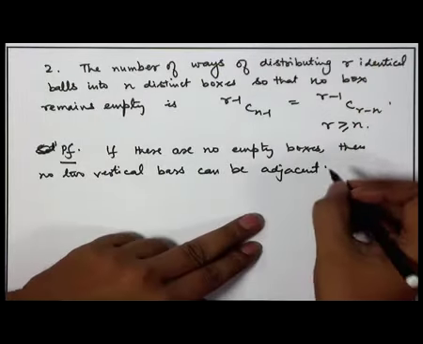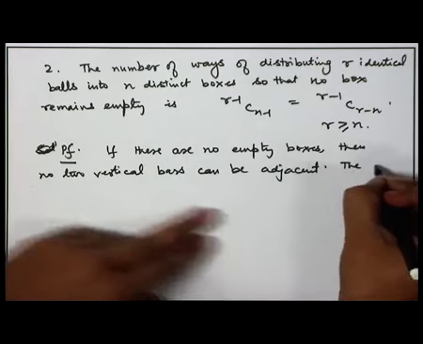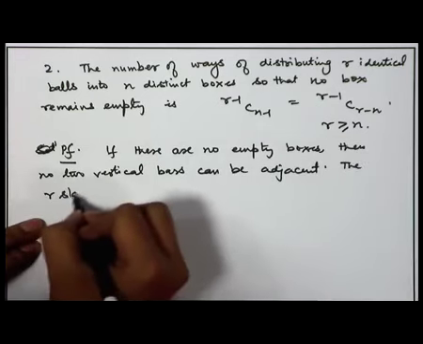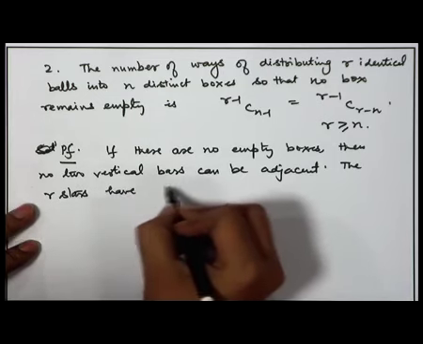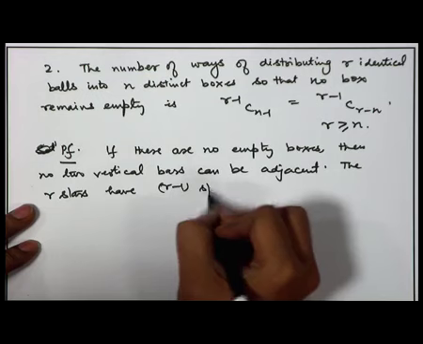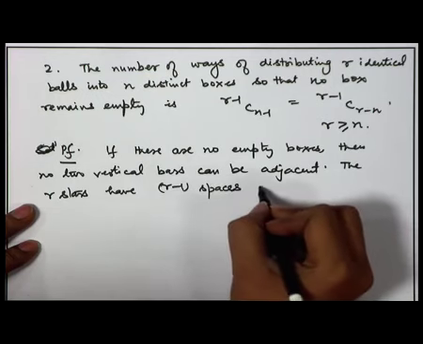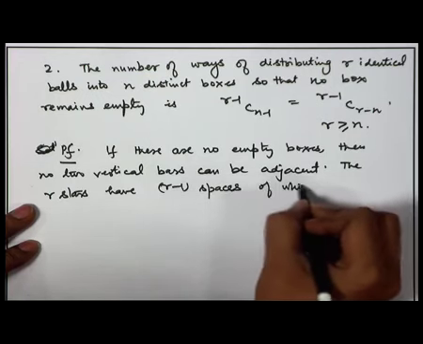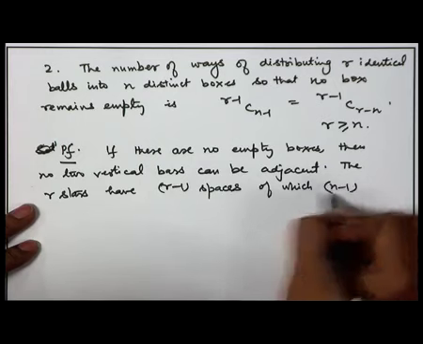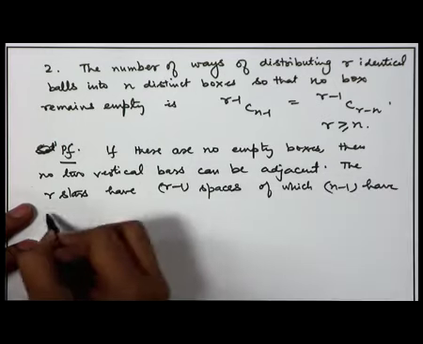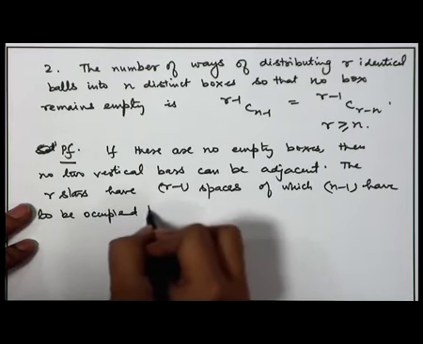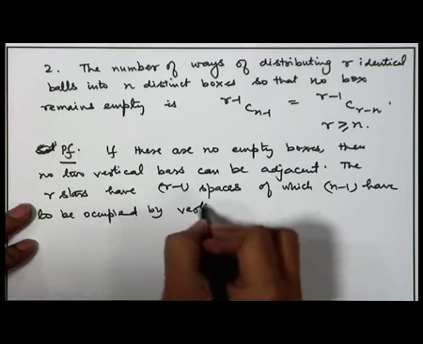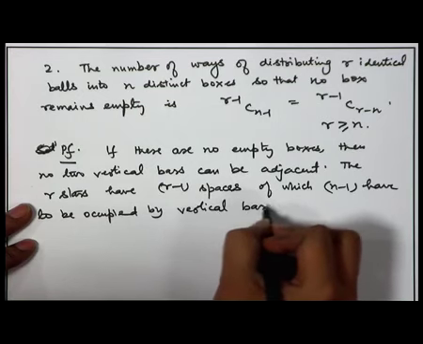So, the r stars have r minus 1 spaces, of which n minus 1 have to be occupied by vertical bars.